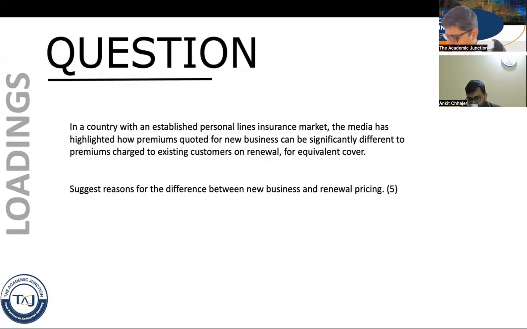Next, there could be experience-based discounts or loadings to the existing customers that could have a differential premium as compared to the new. Since retaining an existing customer may be easier than procuring new business, the company can have a slightly different profit margin.